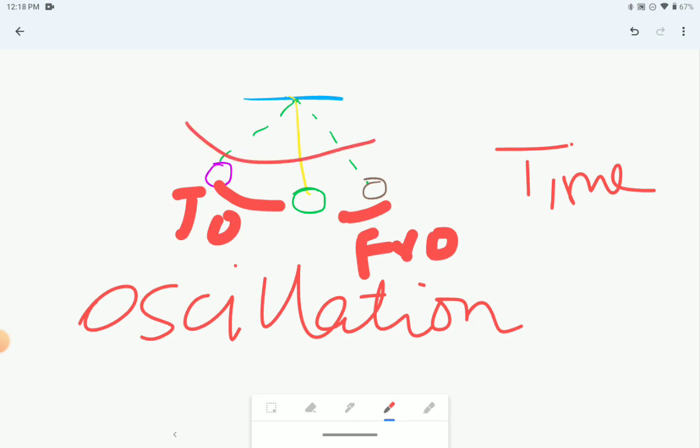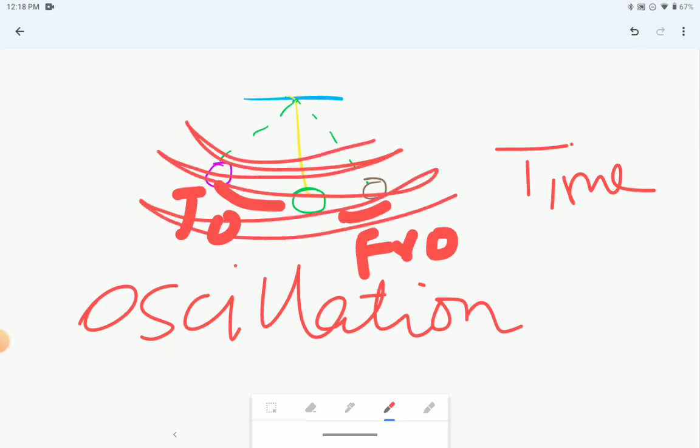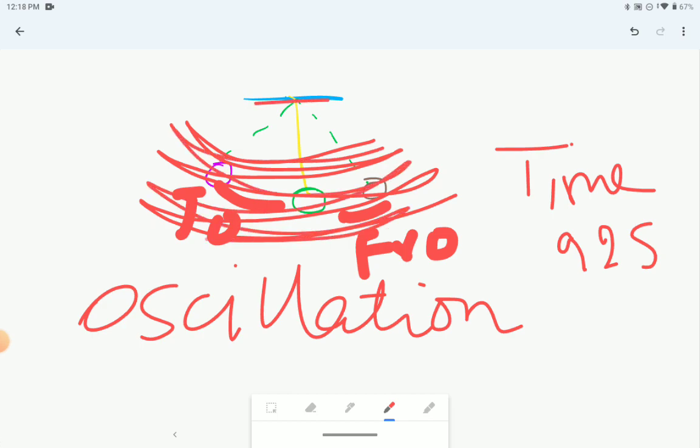He made 100 oscillations, and for the first time, if I took this simple pendulum and did 100 oscillations, the time came out to be 92 seconds. Again I took the same pendulum and tried for the second time, did 100 oscillations and measured the time, and it came out to be 90 seconds, suppose.